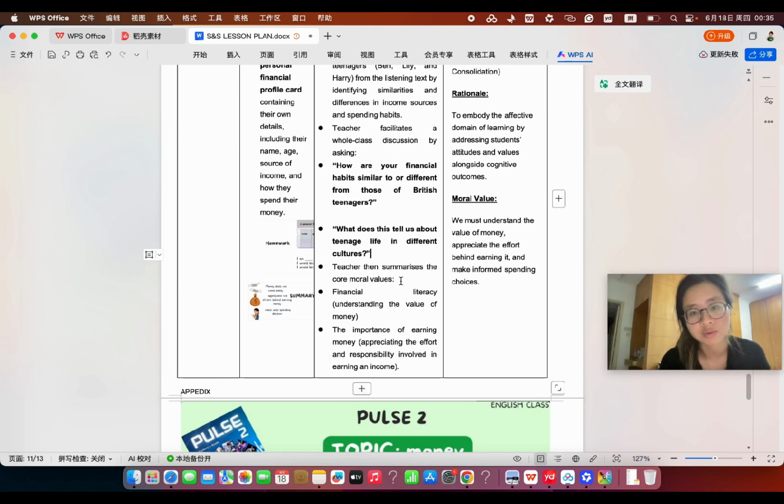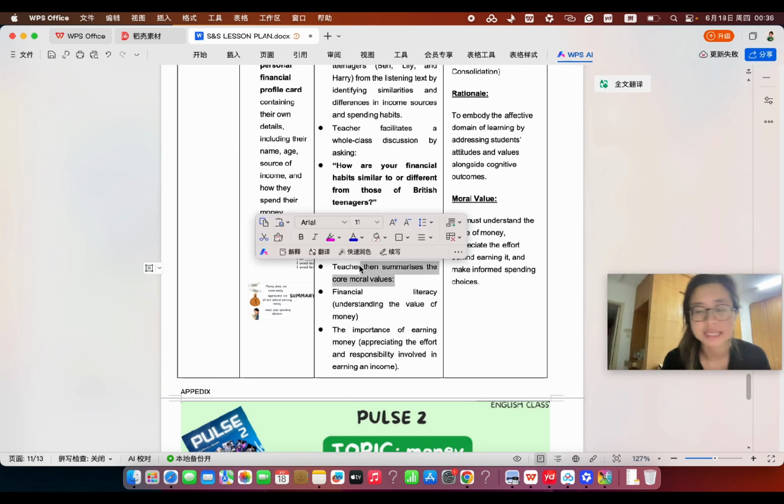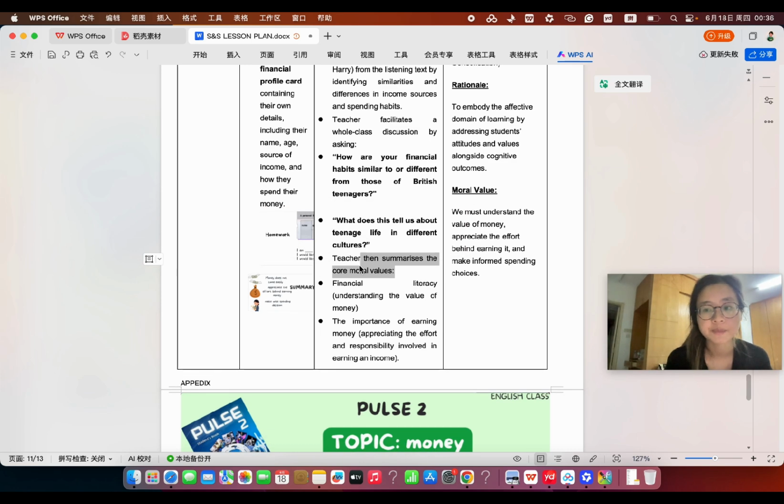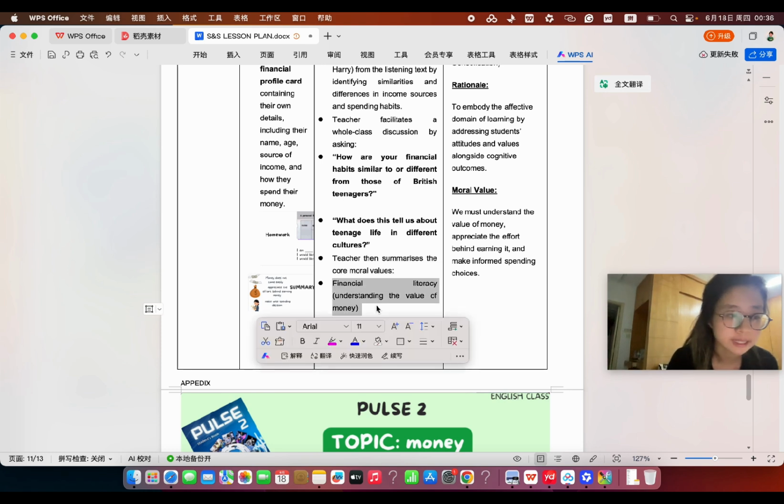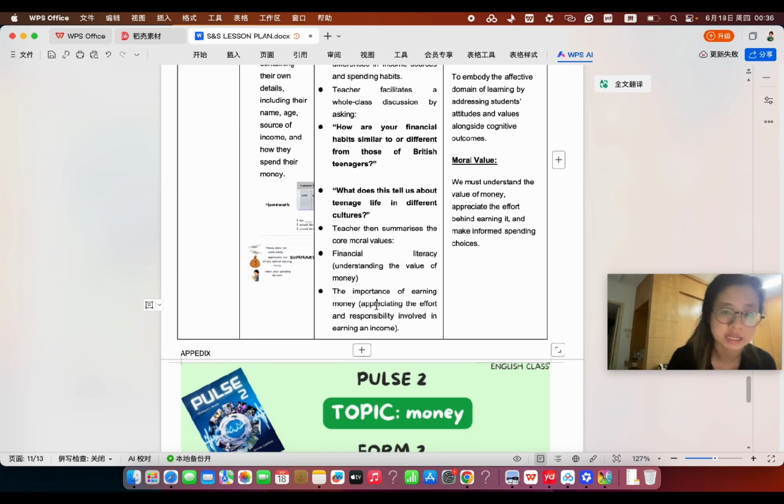To make a conclusion, or let's say summarize the whole lesson, there are two important values that should be reinforced. First and foremost, financial literacy, which involves the understanding of the value of money and making responsible spending decisions.